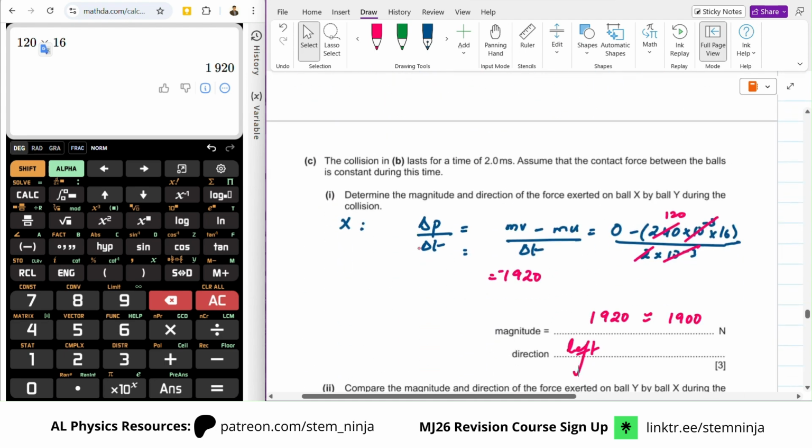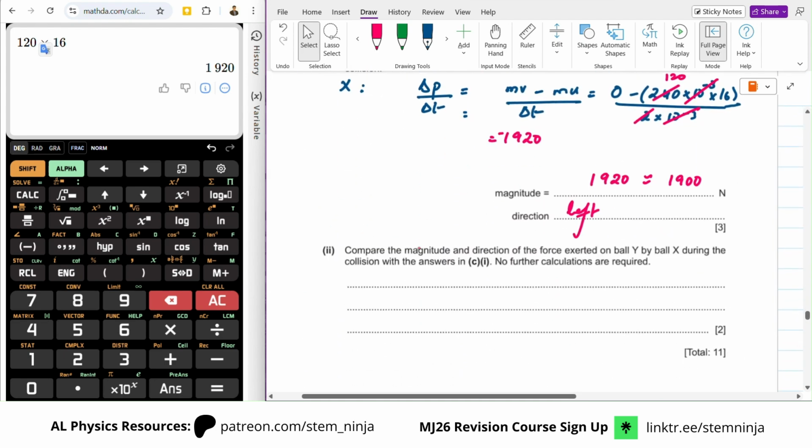Towards left. Compare the magnitude and direction of force exerted on ball Y by ball X during the collision with answers in C. No further calculations are required. So they are going to be the same, but in opposite direction.